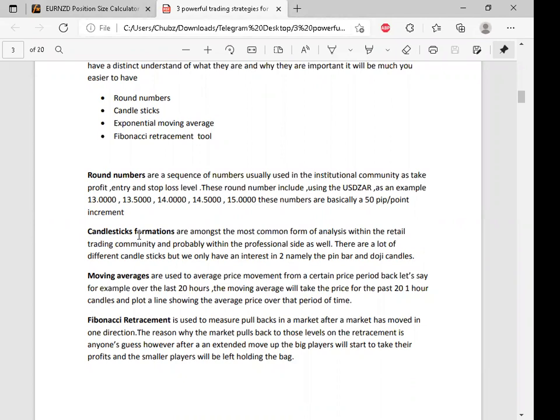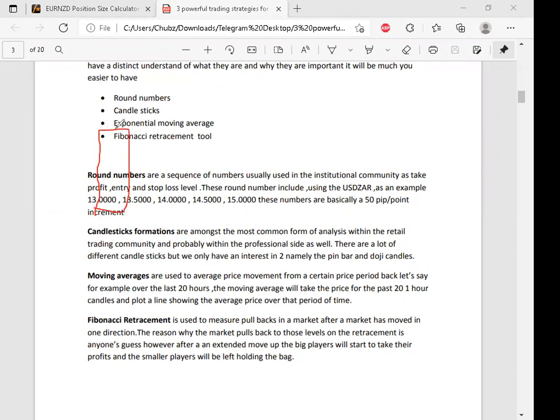Okay, and moving averages. They essentially use average price movement from a certain price period, and they give you the average price of where the market has been trading. So if you are using the United States dollar versus South African rand example, just as a very quick one, the market opened at 13 rand and went to 14 rand.